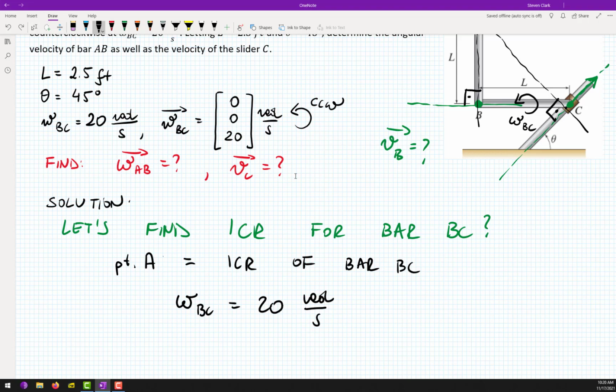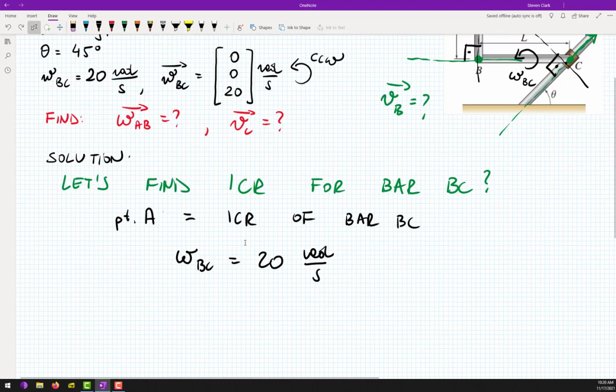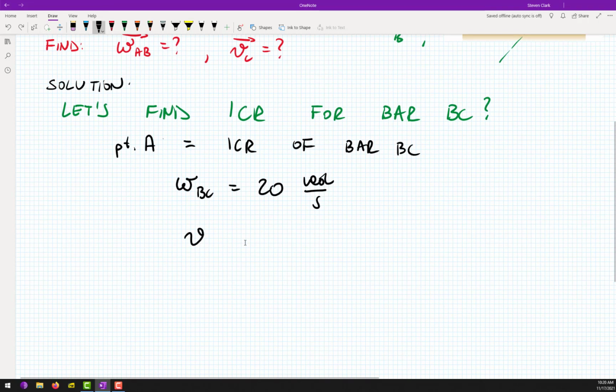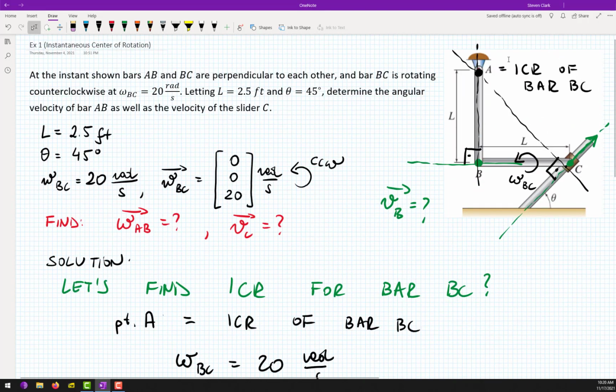Okay, so let's find the velocity of point C. Vc will be omega BC times this distance, let's call it d. Can you guys tell me how much is d based on the picture?